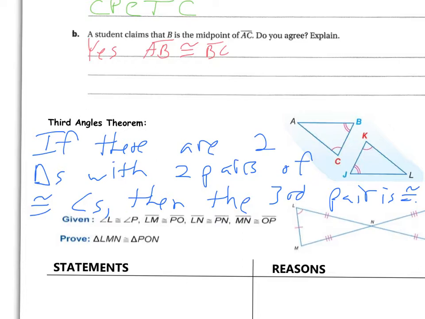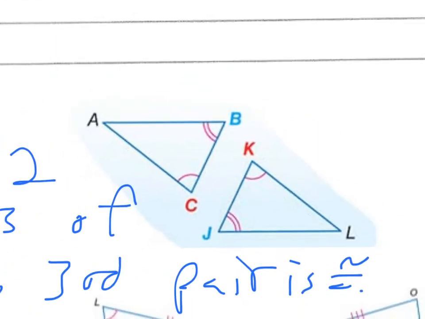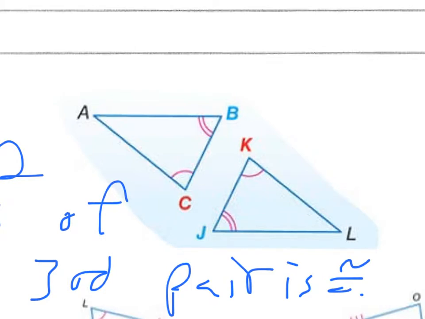That means in this figure, if I've got ABC, and I'm saying that angle C is congruent to angle K, and angle B is congruent to angle J, well, that's two pairs of congruent angles. That means this third pair has to be congruent. Doesn't mean the triangles are congruent. It does mean that the angles are going to be congruent, though.